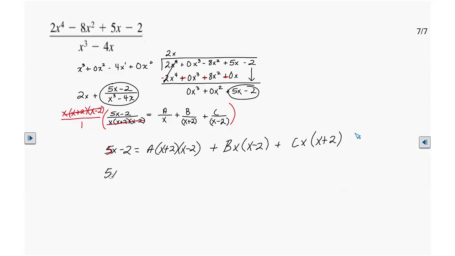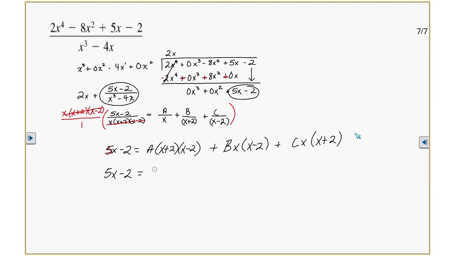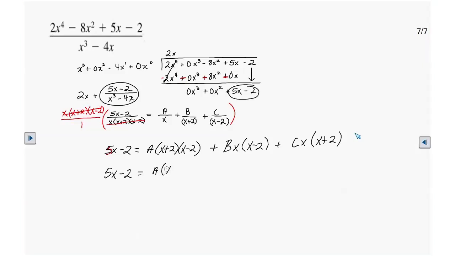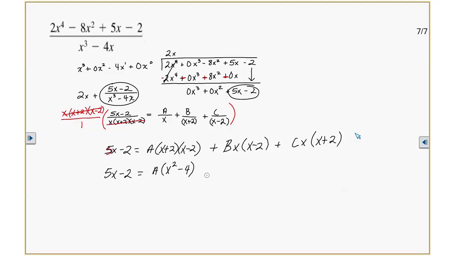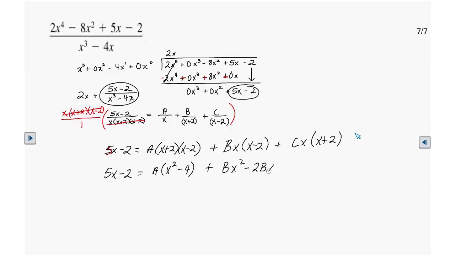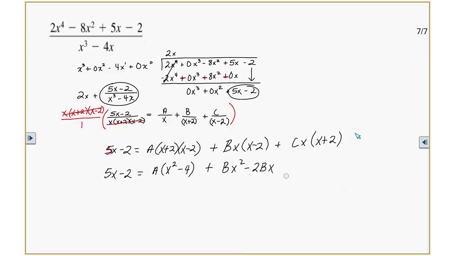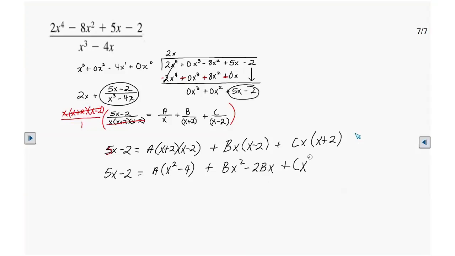5x minus 2 is equal to a times x squared minus 4 plus bx squared minus 2bx plus cx squared minus 2cx.